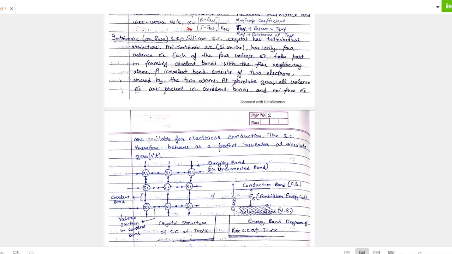Silicon semiconductor crystal has a tetrahedral structure. Tetrahedral means it has four electrons in its valence shell. Suppose we have an atom, it has four electrons at its outermost shell, or we can say its valence is 4. That's why it's called a tetrahedral structure.